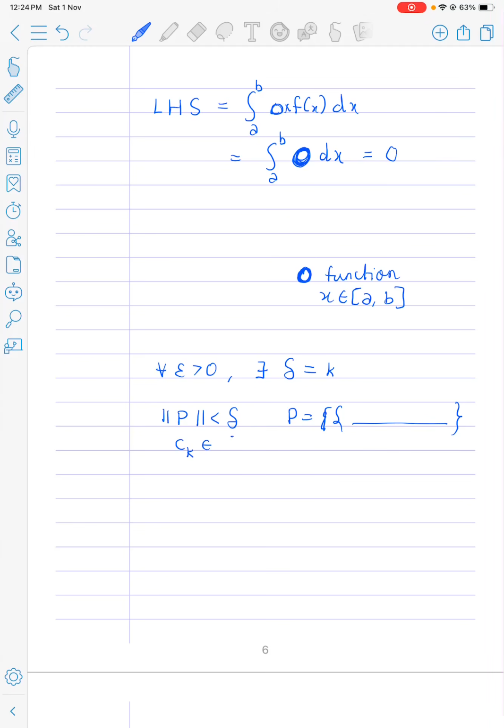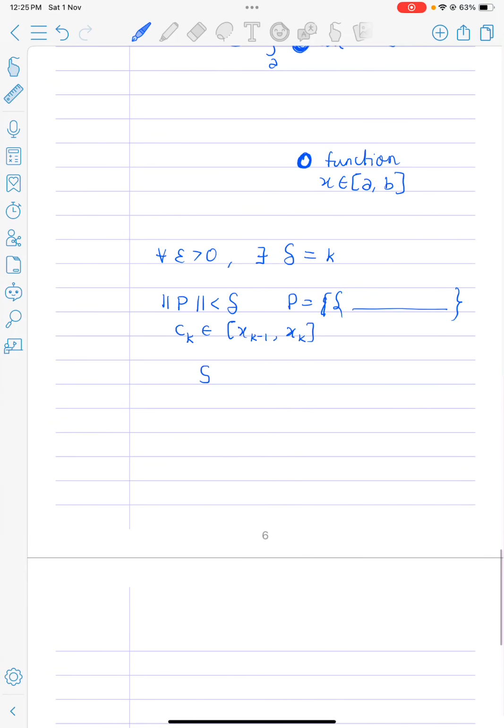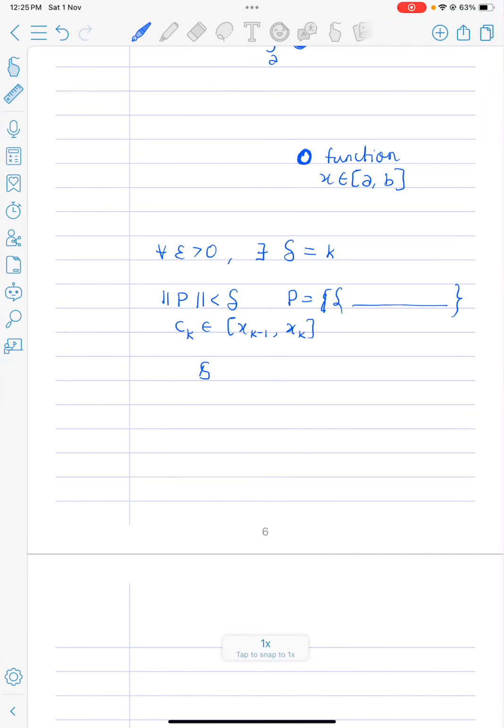You take ck between x(k-1) and xk. Then you see what will be f(ck). Instead of f, we will have the function 0 minus 0. This we need to show is less than epsilon.